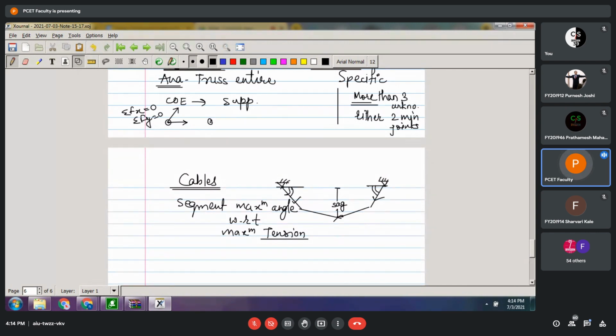Okay, so always find out this angle with respect to horizontal. जो segment maximum towards vertical असतो, म्हणजे त्याचा angle with respect to horizontal जसा जसा वाढत जातो तसा तसा तो vertical होतो आणि vertical मध्ये त्याच्यात maximum tension असतं. Because we know that sine of this angle is nothing but sine 90, which is 1. बरोबर का? Yes, ma'am. So हा क्रायटेरिया लक्षात ठेवा की मॅक्सिमम टेन्शन केव्हा असतं जेव्हा तुमच्या सेगमेंटचा अँगल with respect to horizontal मॅक्सिमम असतो. This is regarding cables.